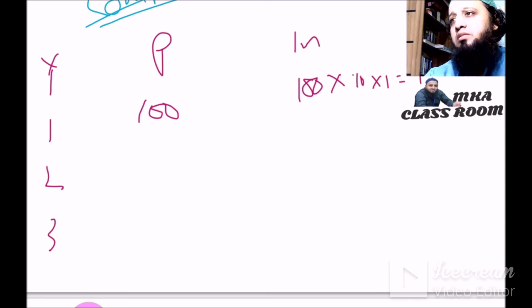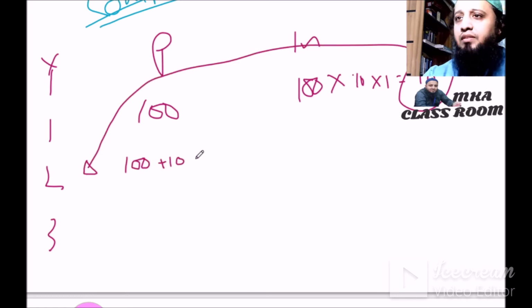This 10 taka will be reinvested for the second year. So our principal should be 100 plus 10 equal to 110.